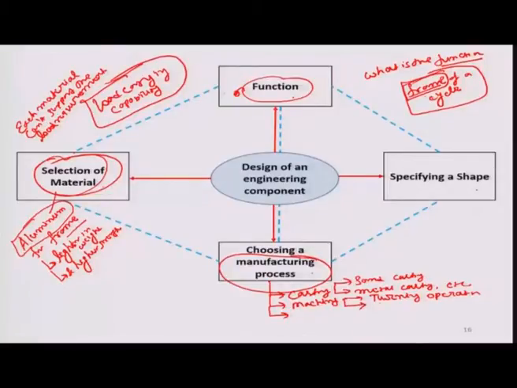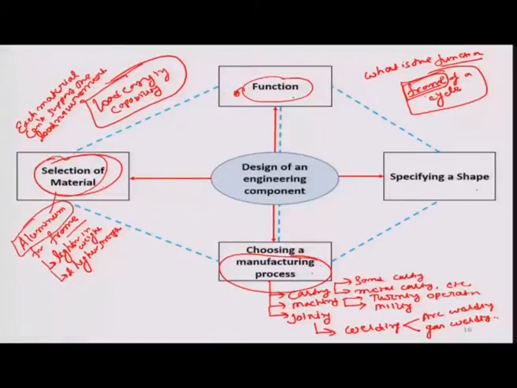Another operation is milling. Then joining, for example welding, and welding has several types: arc welding, gas welding, etc. So to fabricate an aluminum frame for a cycle, you will have to choose an appropriate manufacturing process.